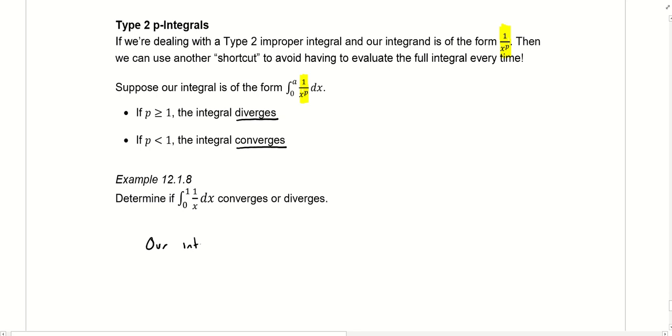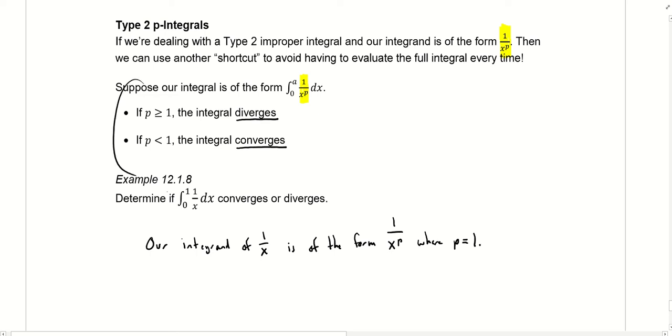So our integrand of 1 over x is of the form 1 over x to the p, where p equals 1.